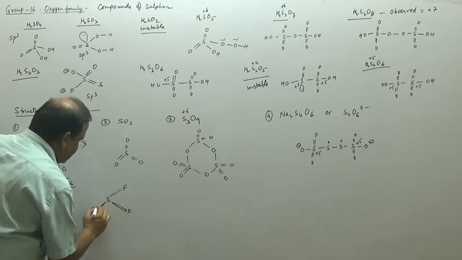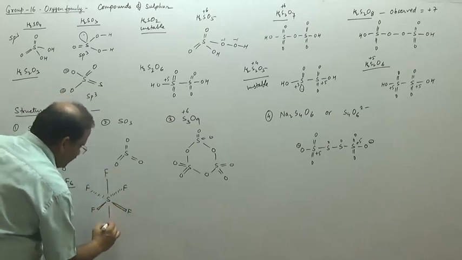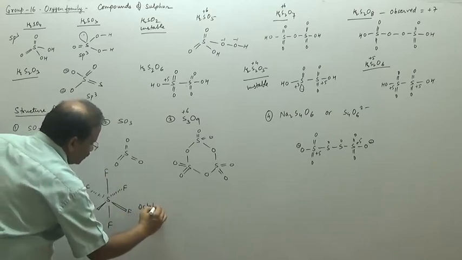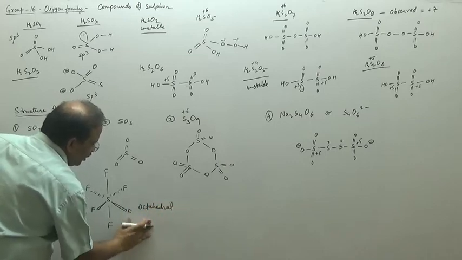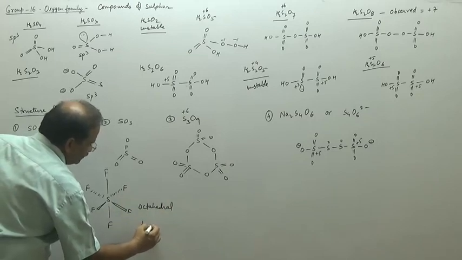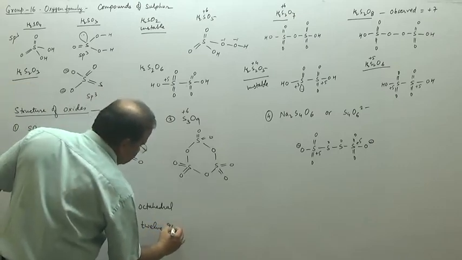So it will have an octahedral structure, like this. So in this octahedral structure, we used to say that there are 12 90-degree bond angles in this. So 12 90-degree bond angles.